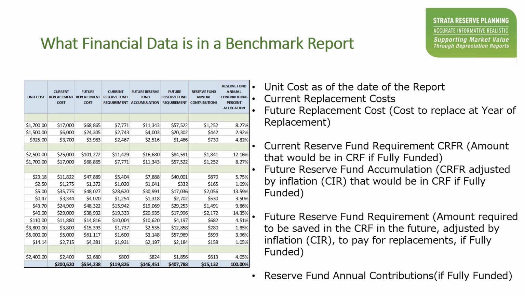So let's go through the financial side. So this is the unit cost as of the date of the report, the current replacement cost, the future replacement cost. This is the cost to replace at the projected year of replacement. The current reserve fund requirement, or the CRFR, that would be the amount that would have to be in the CRF if you were fully funded. The future reserve fund accumulation, which is the CRFR adjusted by inflation that would have to be in the CRF if it was fully funded.